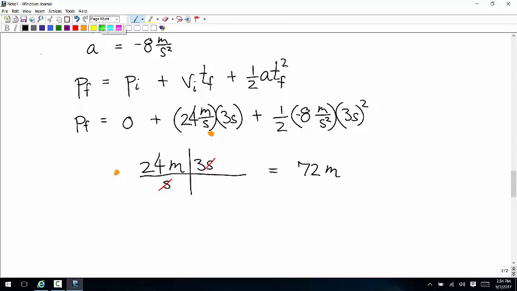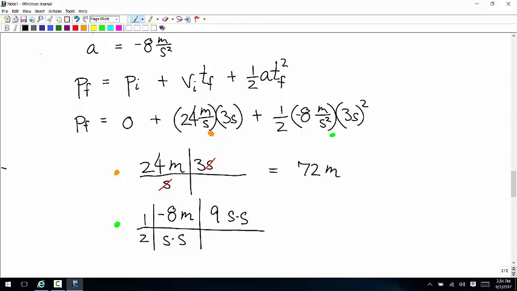And then the second piece, I'll call that one the green dot. That's 1/2 times -8 meters over seconds times seconds, and then times, we have to square the 3 and square the seconds, so that's 9 seconds times seconds.